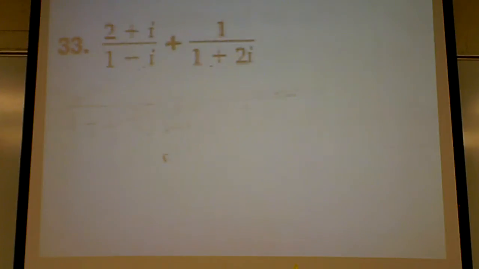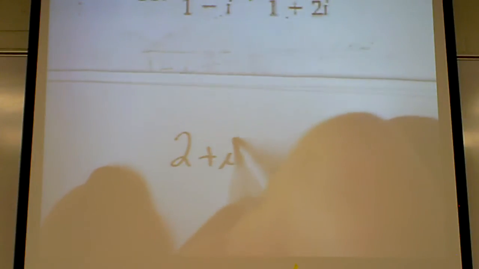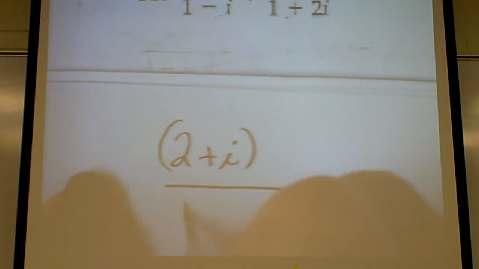I'm not writing this very nicely. Actually, I'm going to do it on a separate sheet of paper so I can write it three times. So you have 2 plus i, and I like to put parentheses around everything.